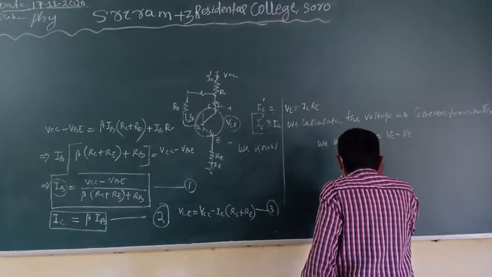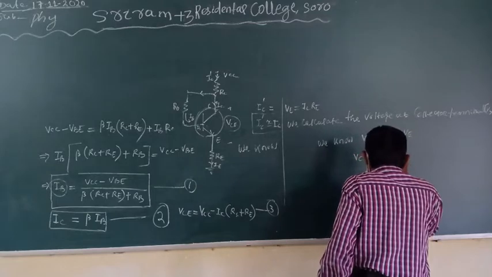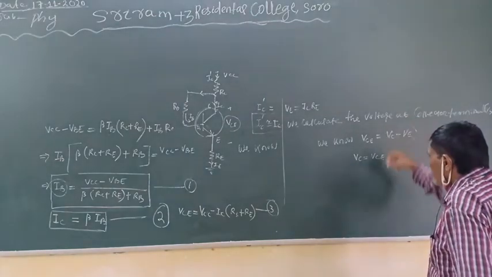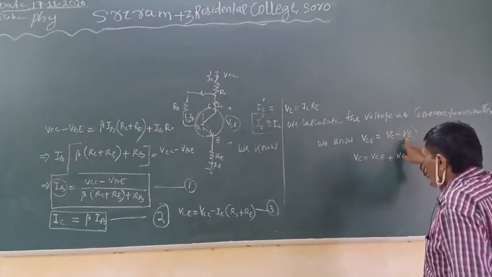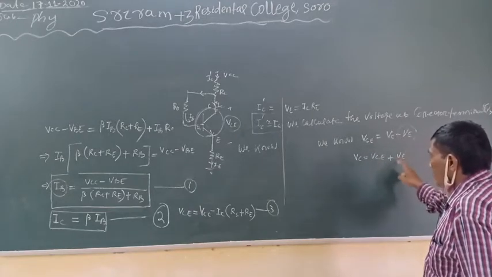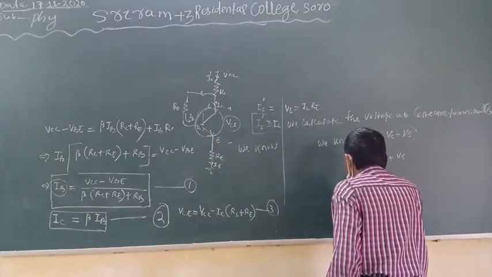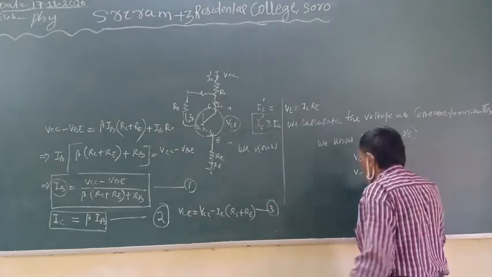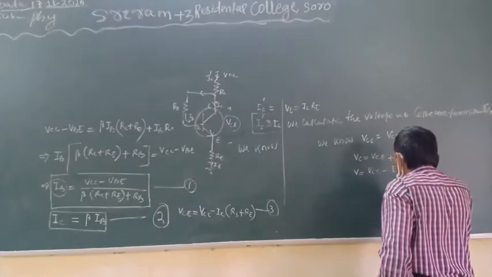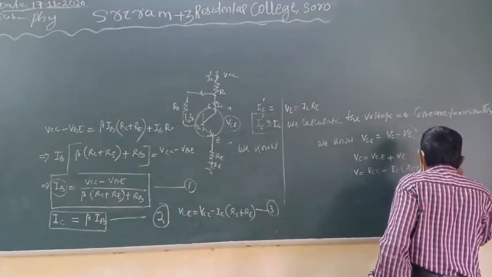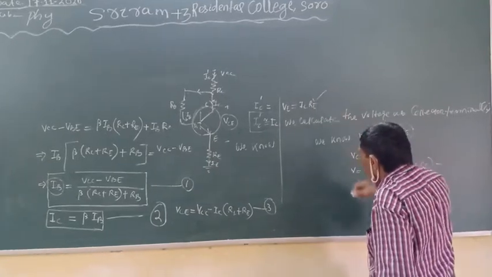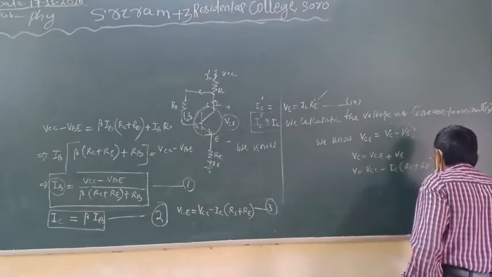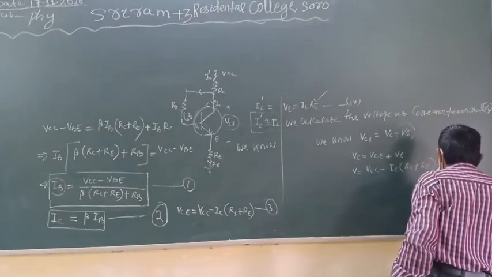So here VC equal to VCE plus VE. Now we put in the value of VCE, that is VCC minus IC times RC plus RE, plus VE, where the value of VE is IC RE from equation number 4.